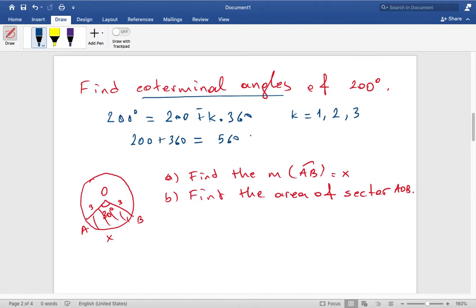This is one of the coterminal angles. Or if I say 200 minus 360, it will be negative 160. This is another coterminal. So I may even continue by taking k is 2. So 2 times 360 will be 720, and 200 plus 720 will also be a coterminal, but I think it's enough.